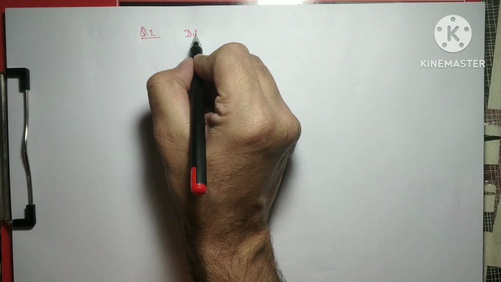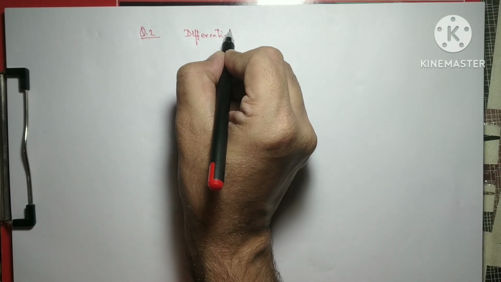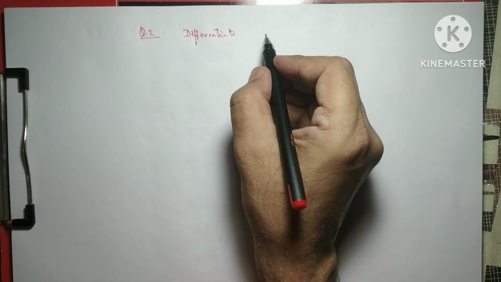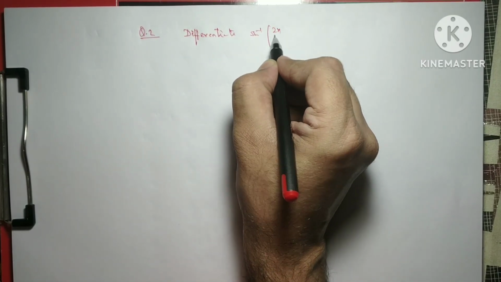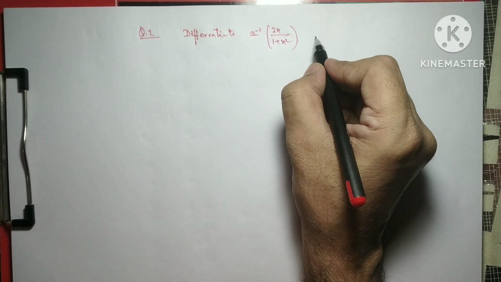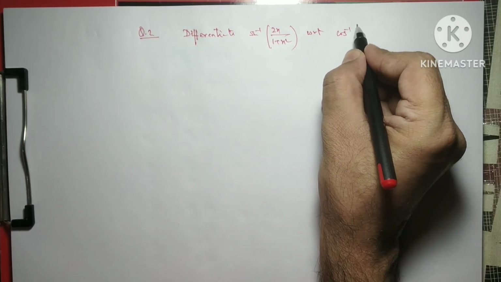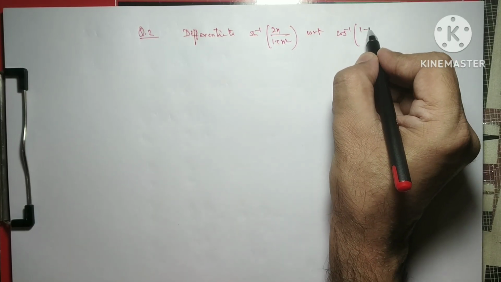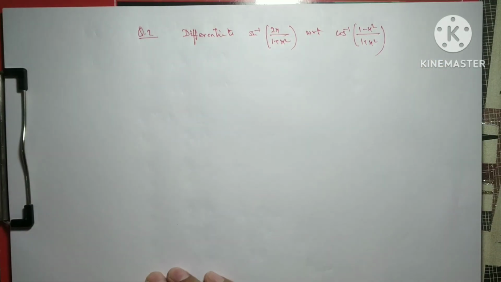Differentiate sine inverse 2x over 1 plus x square with respect to cos inverse 1 minus x square over 1 plus x square, right?